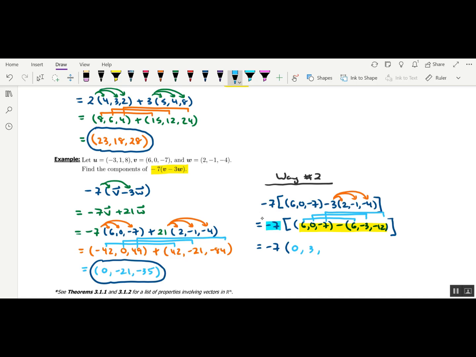So that's a double negative right there. -7 plus 12 is 5. And then we'll distribute the scalar to get these components 0, -21, -35. That's the exact same answer that we got when we cleaned the expression up with algebra to begin with.